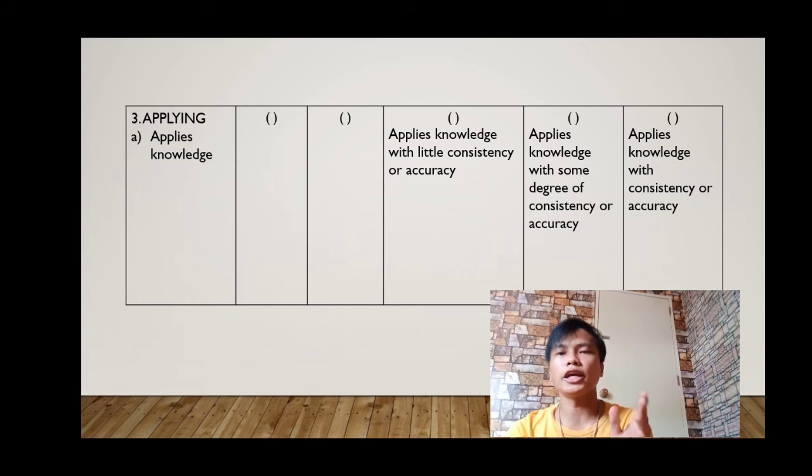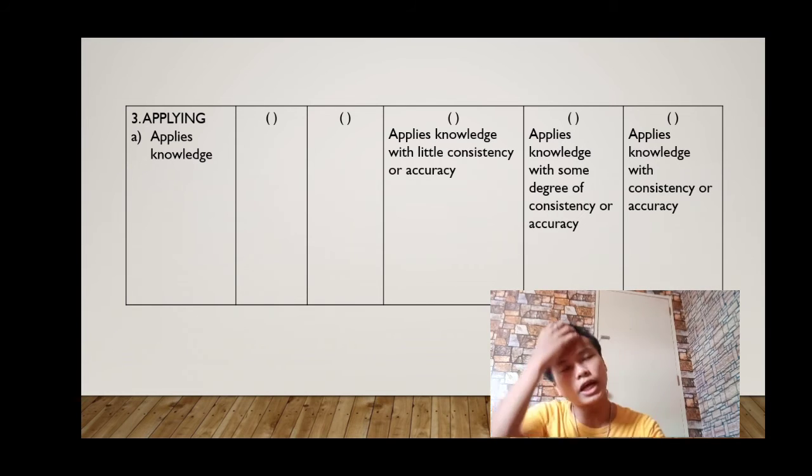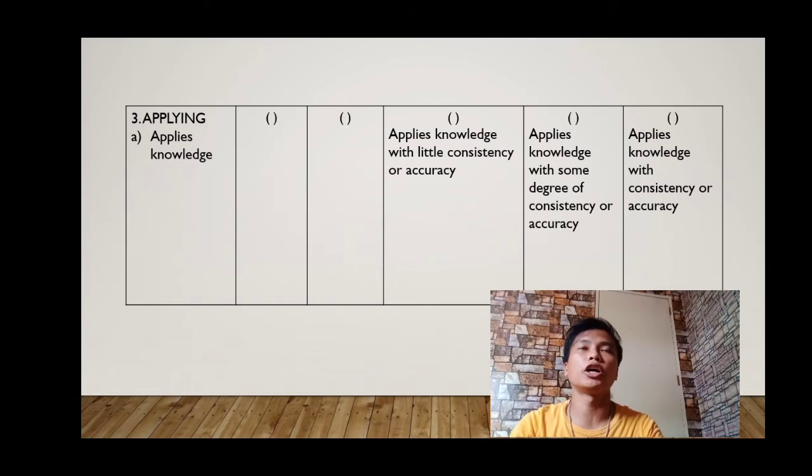Unlike the beginner category, the students in this category can apply the knowledge with some degree. They can give consistency or accuracy. They are not fully sure, but they can apply the knowledge well.